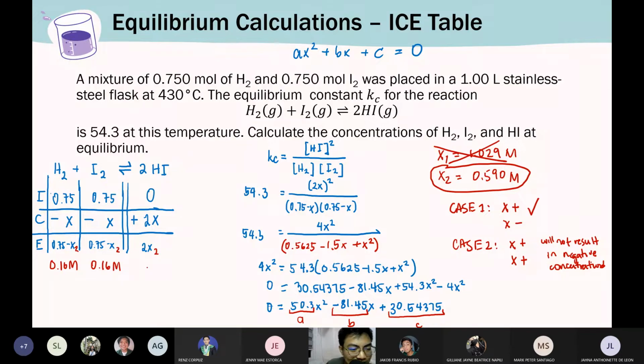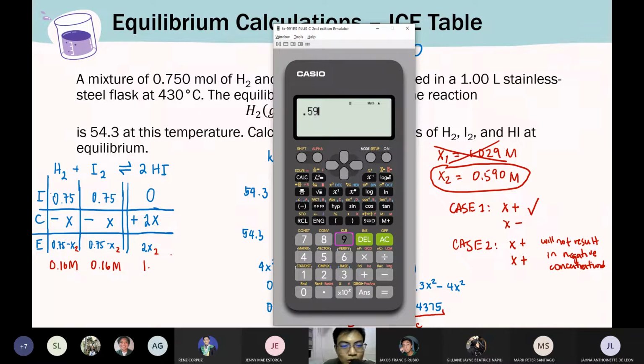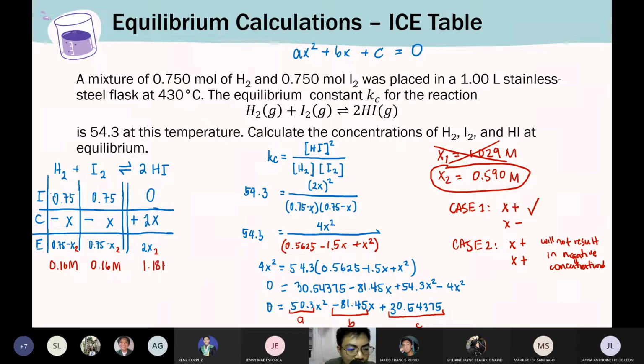Sorry, mali. 1.59 times 2. So 1.18 molar. Okay? Yun ang equilibrium concentration ni HI, ni I2, and ni H2 at equilibrium. Okay? Ang galing, di ba?